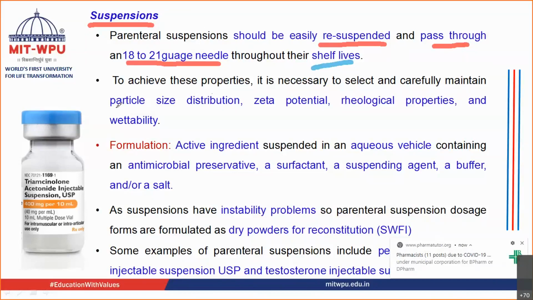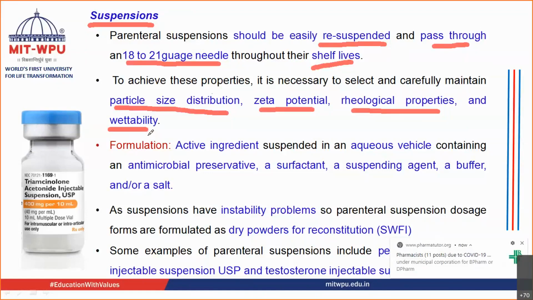You have to carefully maintain your particle size distribution, your zeta potential, the rheological properties, and also the wettability. You have already studied all this when you studied suspensions. So these parameters are very important: particle size, particle size distribution, zeta potential, rheological properties, and wettability.